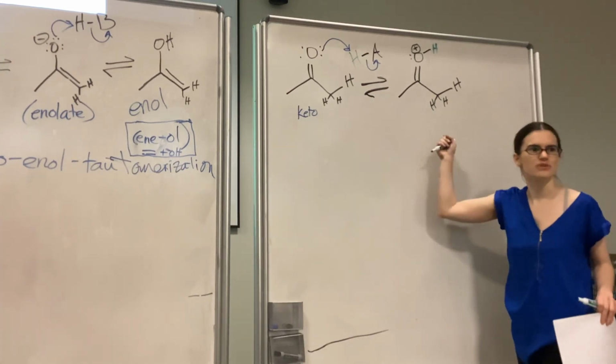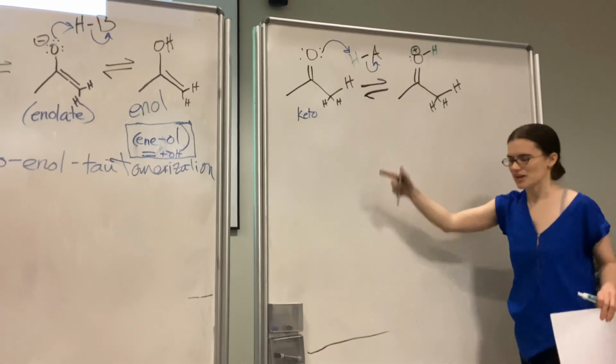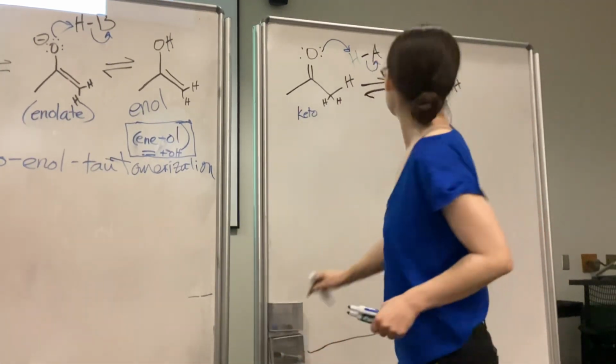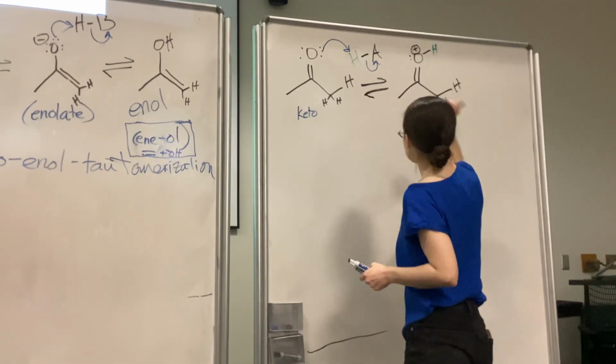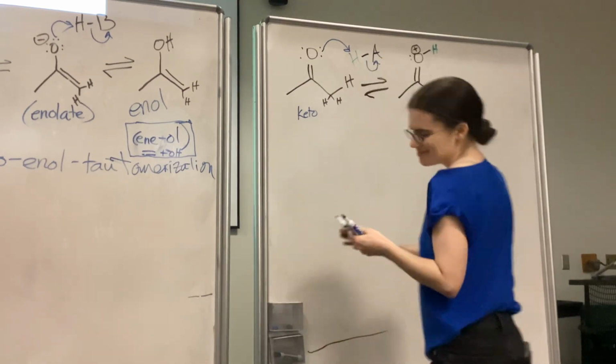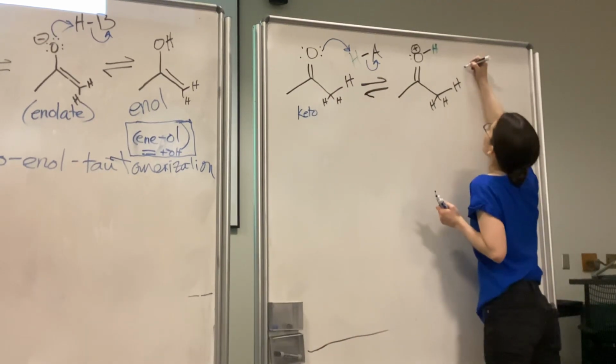So I guess they just wrote the mechanism to go forward and backward. And I don't like that because I don't want to redraw this thing. I just want to continue the mechanism. But don't get thrown off by that like I did.